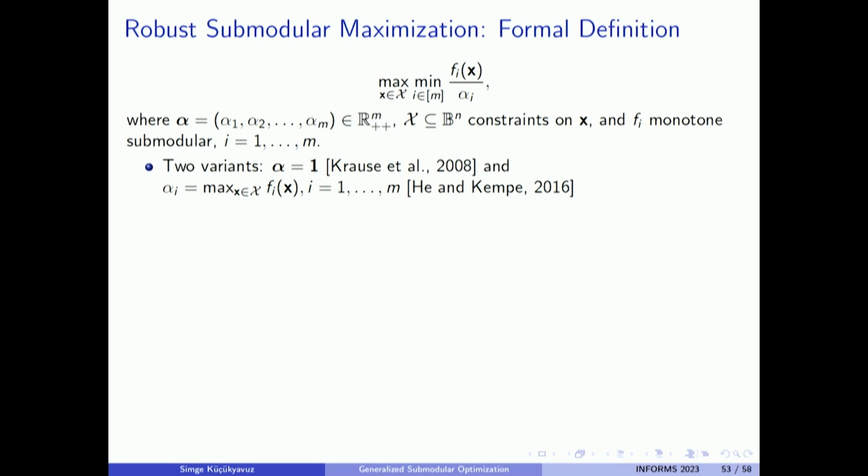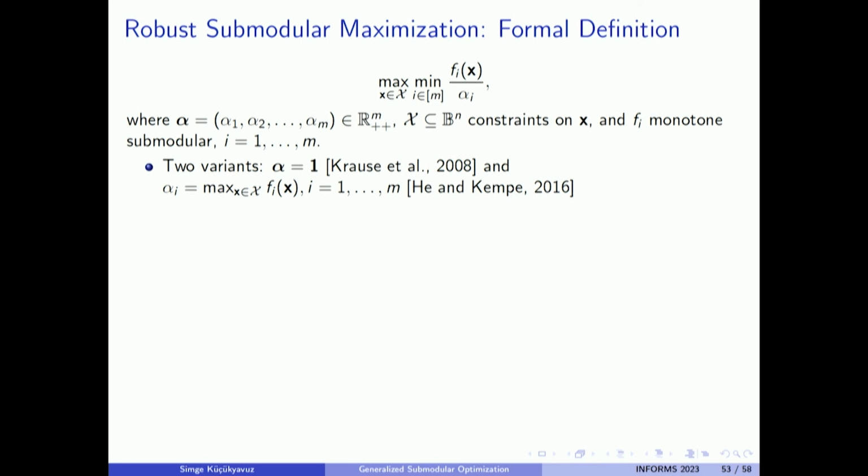So the robust submodular function maximization, so we're trying to look at the worst case damage and minimizing that damage. So it can be written in this form: max over x, min over I in M, some scenario functions, f_i of x.